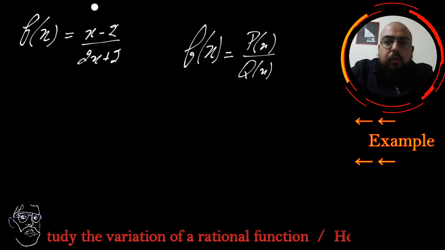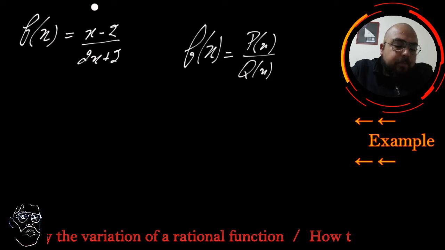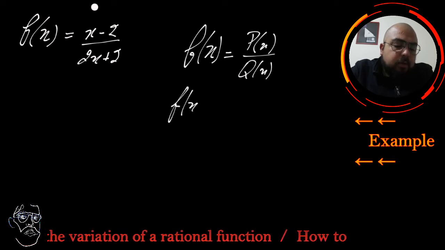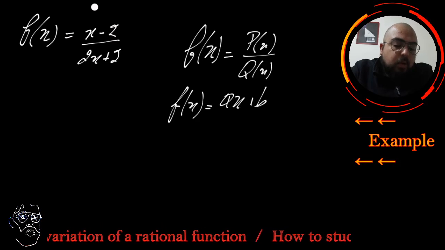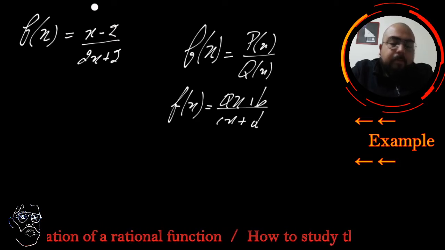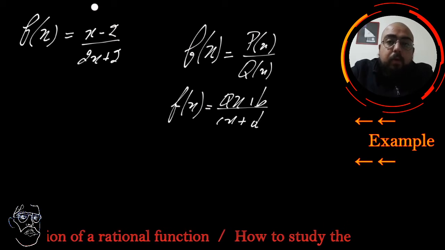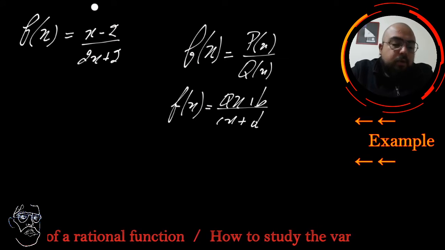So this is the case of a rational function. And in case it was f of x is equal to ax plus b over cx plus d, in this case you will have a homographic function. Again, it's a rational function.